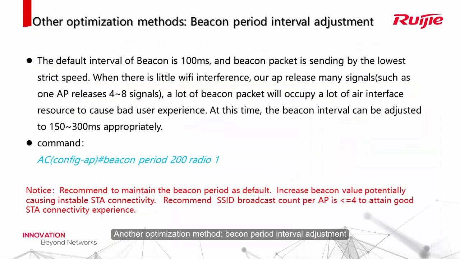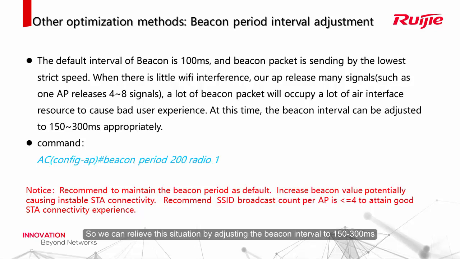Another optimization method: beacon period interval adjustment. As we know, our terminals will send a beacon frame to check whether there is an available signal in the environment. We can assume if there are many signals in the environment, there will be many beacon packets, and it will occupy a lot of air interface resource, which will hurt user experience.